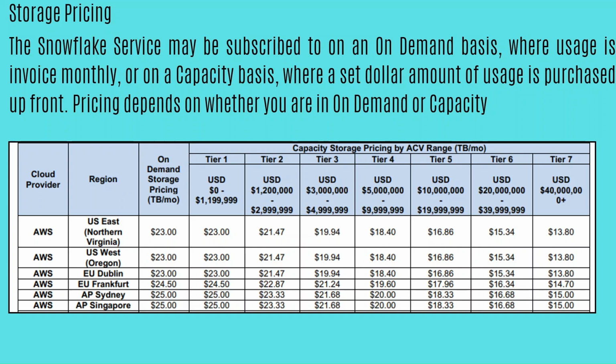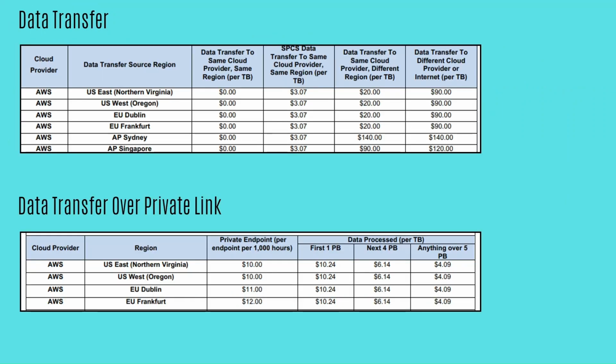With capacity base you are going to get a lot of discount, where you need to commit some amount upfront with Snowflake. For that you get the credit, and also a lot of discount in the storage. Got it? Now move on.